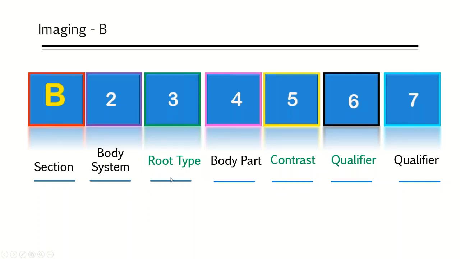The third, as I've said, is going to be your root type. Fourth, your body part. Fifth, contrast. Sixth, qualifier. Seventh, qualifier. You know what this tells me on sight? That this is going to be a highly specific code. You've got two qualifiers here.